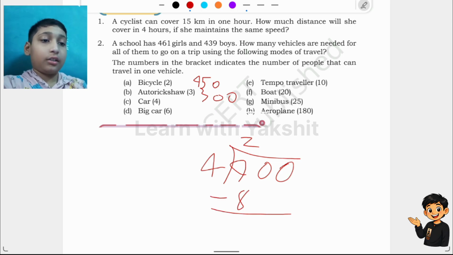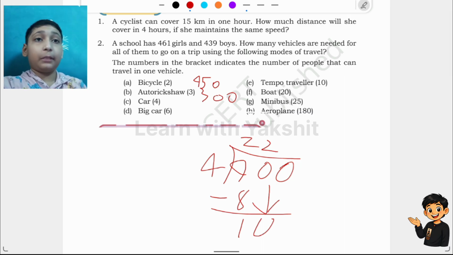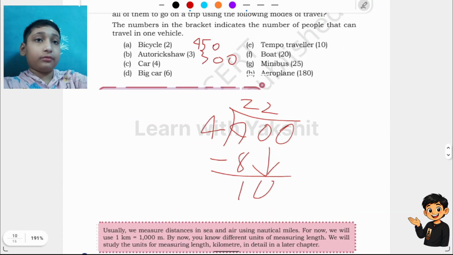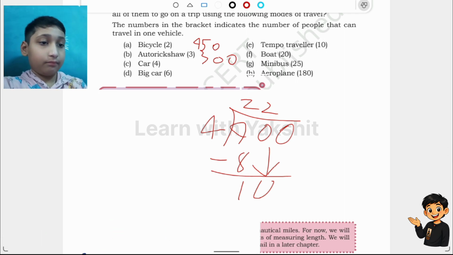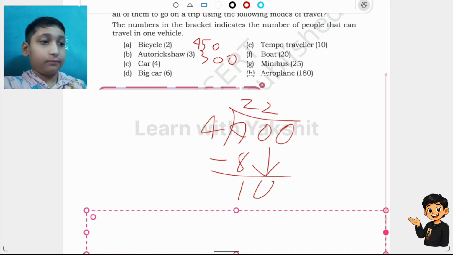Then 8 and then minus, then 1. Then we will bring down 10. Then we can also divide that by 2. Oh, so big I have to scroll down. Yes, we have to extend this. There.